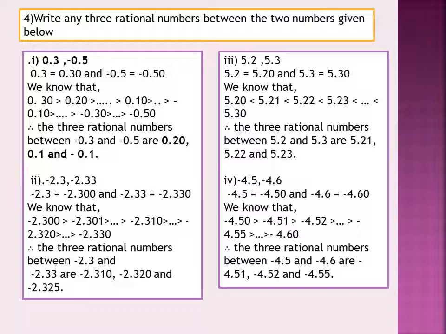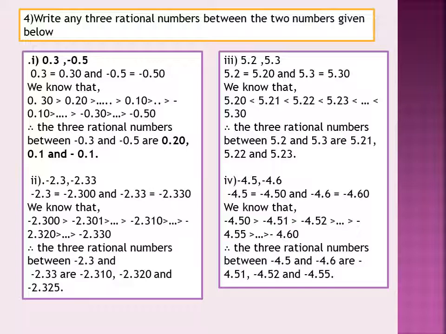Minus 2.3 and minus 2.32. Minus 2.3 we will write as minus 2.300. And minus 2.33 we will write as minus 2.330. Now minus 2 integer part is same, but after the decimal point at left here first number 300 and in second number 330.